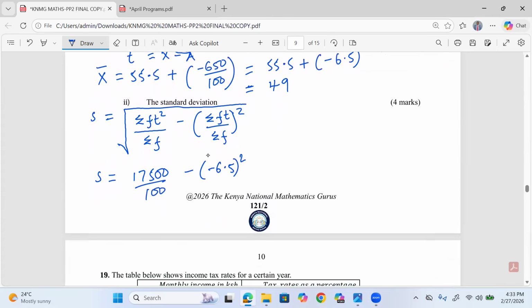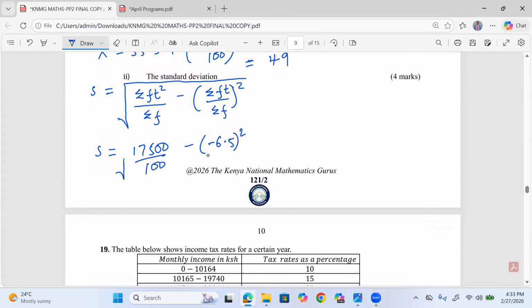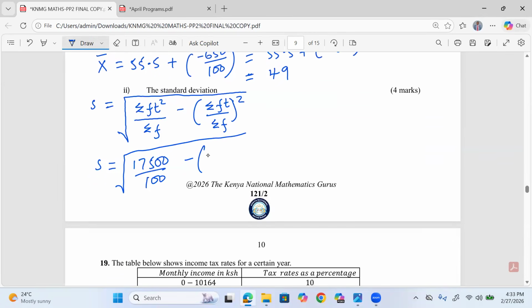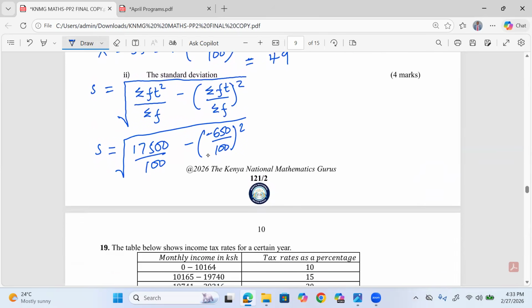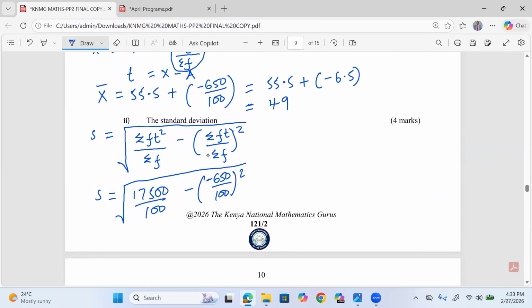So we only need to square it. Then we take the square root. So we can have a negative 650 over 100. Then we square just like that.